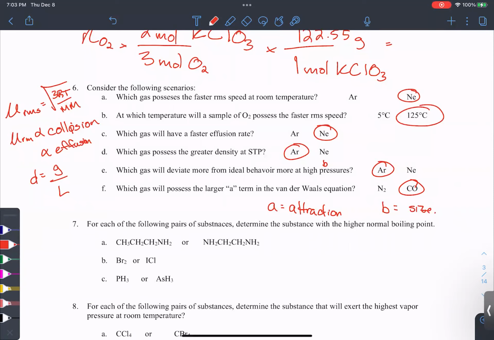But we know that molecules actually don't have no attractions. Some of them do. And so CO, because it's a polar molecule, is going to exhibit more attractions than the non-polar molecule. And so we'll see that there are appreciable attractions in a CO sample.